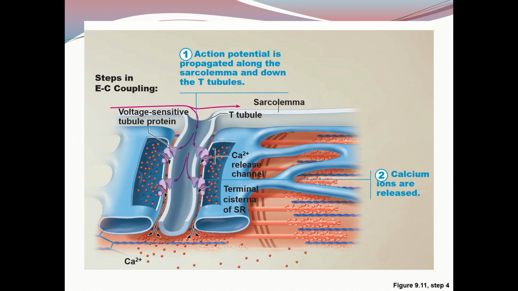So here's those steps. 1, the action potential is propagated down the sarcolemma and down the T-tubules. All along those T-tubules and the sarcoplasmic reticulum will be calcium channels, and the voltage-gated channels respond to action potentials.